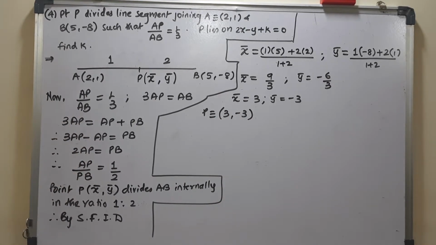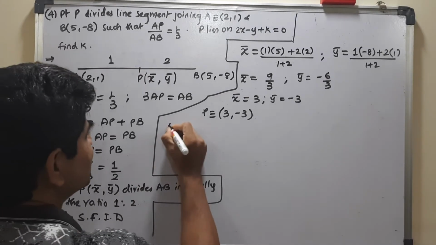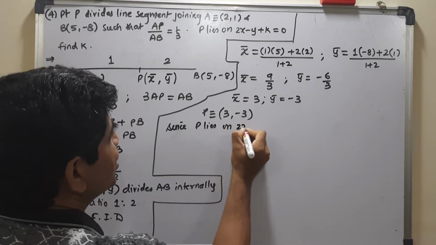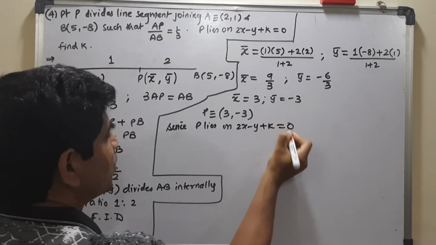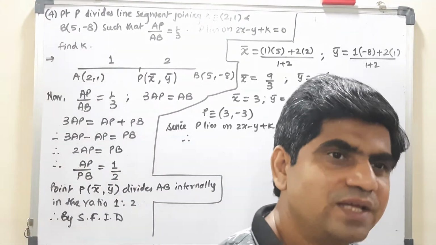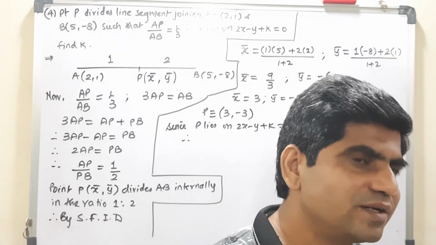And we very well know that if any point lies on the line, then it satisfies the equation of that line. So since P lies on 2x minus y plus k is equal to 0, the coordinates of P will satisfy the given equation.